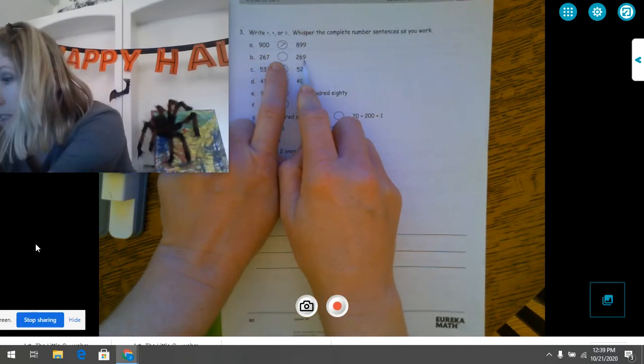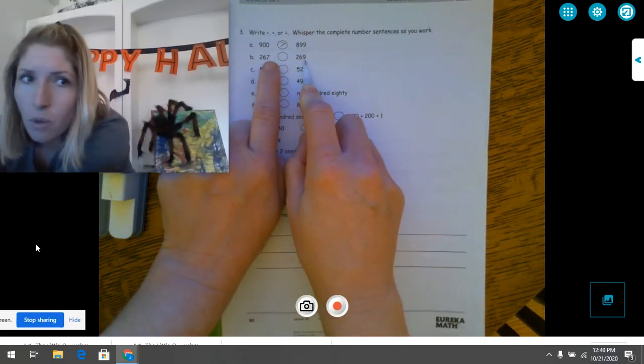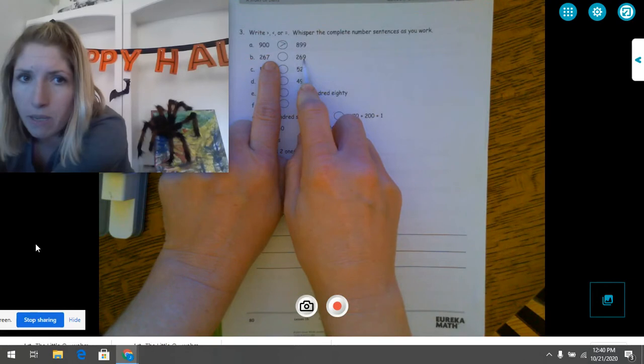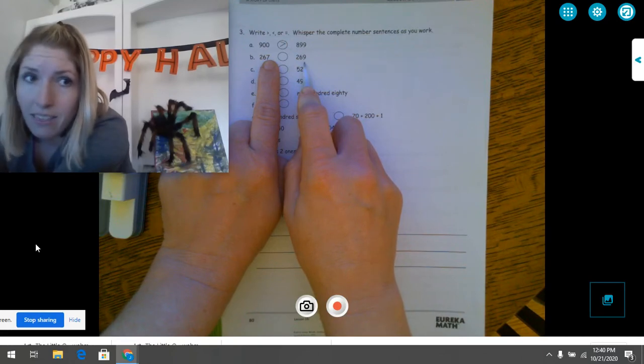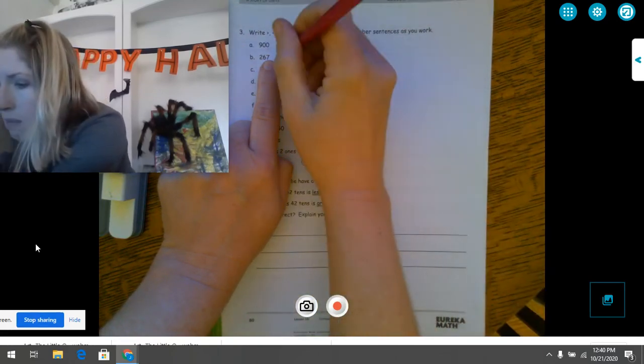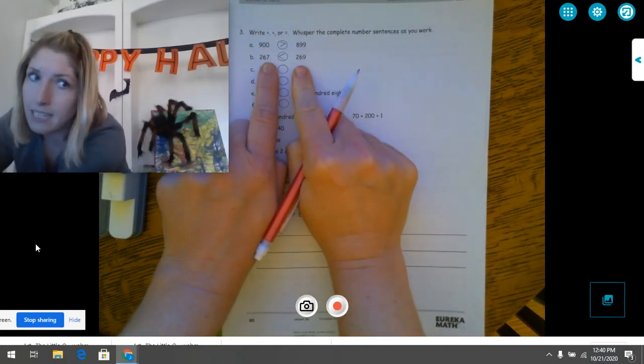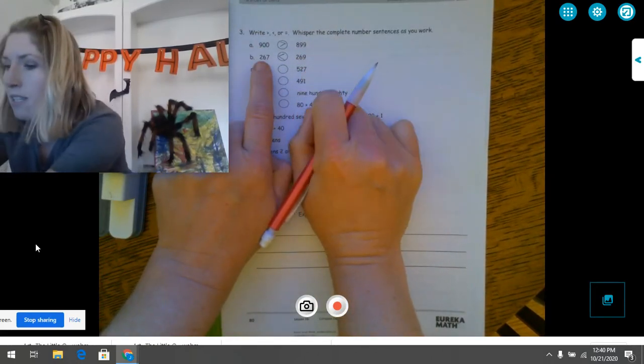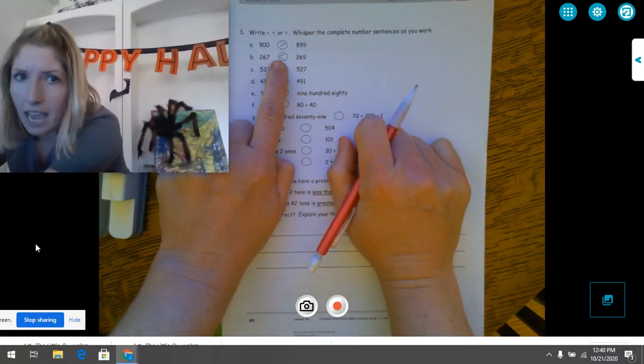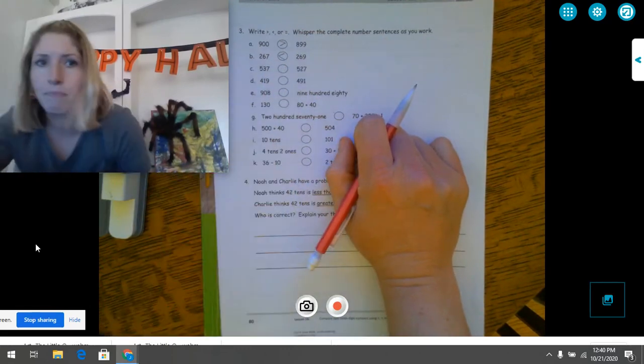But then we look at the ones place, and there's a 7 in the ones place here and a 9 in the ones place here. And which one is greater, the 7 in the ones place or the 9 in the ones place? Right, the 9 is greater. So we're going to make the mouth open up towards that number with the 9 in the ones place because it is bigger. So now we read it, 267 is less than 269.